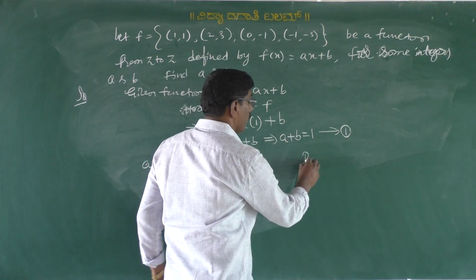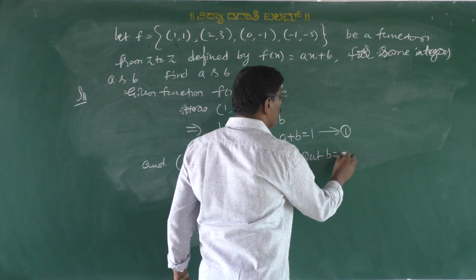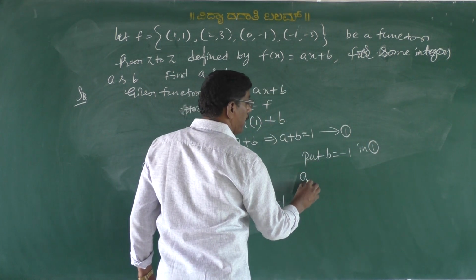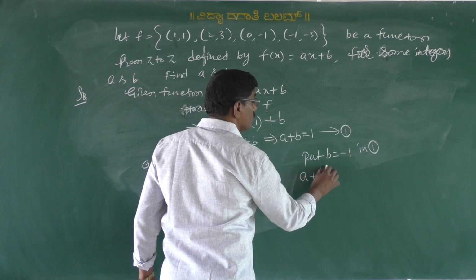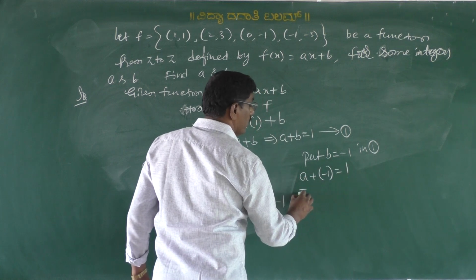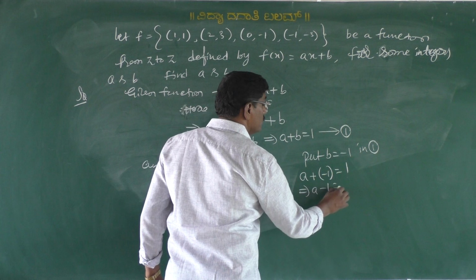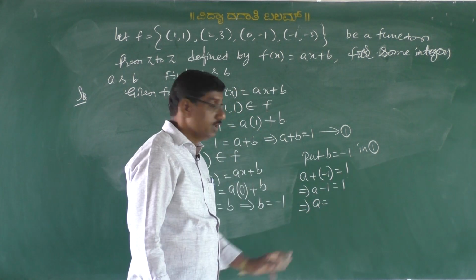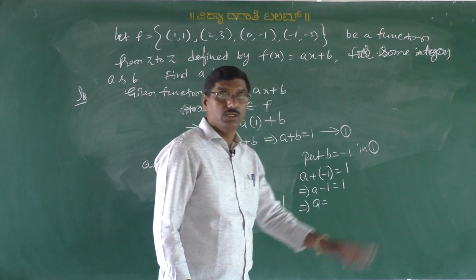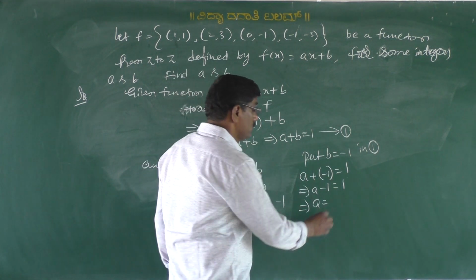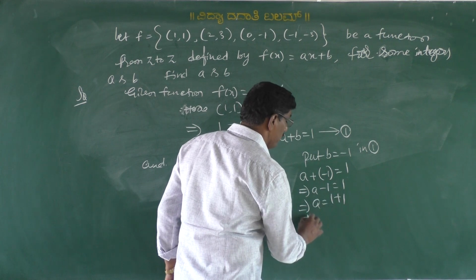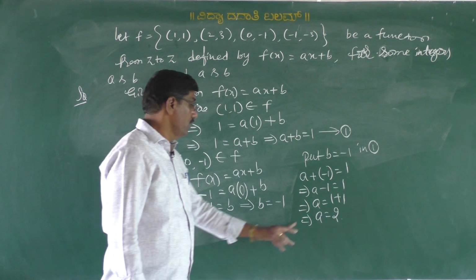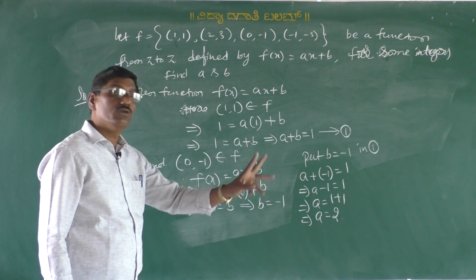Now put b = -1 in equation 1. That is a + b = 1, so a - 1 = 1. Transposing -1 to the right-hand side, it becomes +1, so a = 1 + 1, that is a = 2. So a = 2 and b = -1.